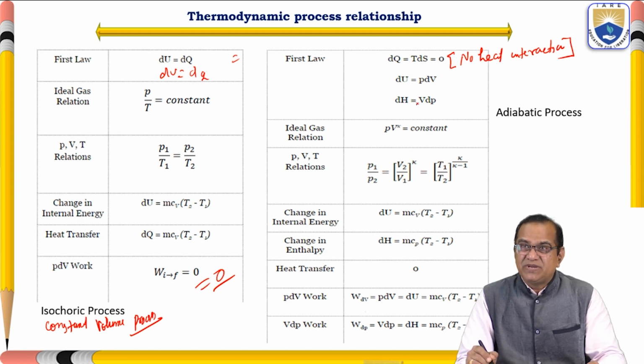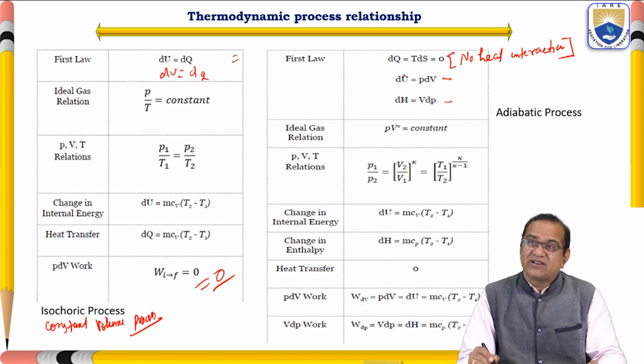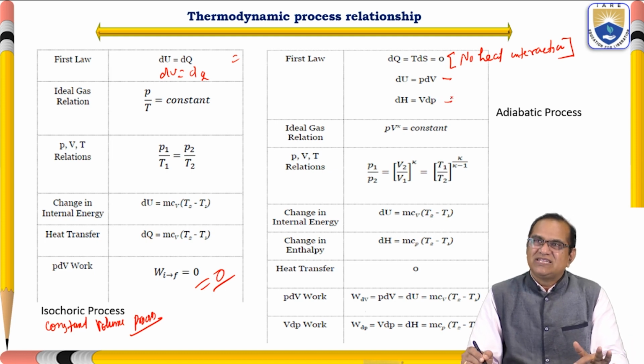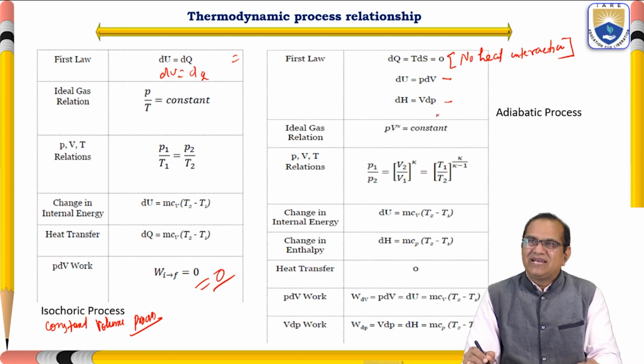So if it is enthalpy, it is Vdp. Understand this too. If you want to find out the internal energy, use Pdv. It is like work done. And if you want it with the help of enthalpy, then it will be Vdp. So these two are different, and we have seen in our Gibbs equation, all these things we have explained.